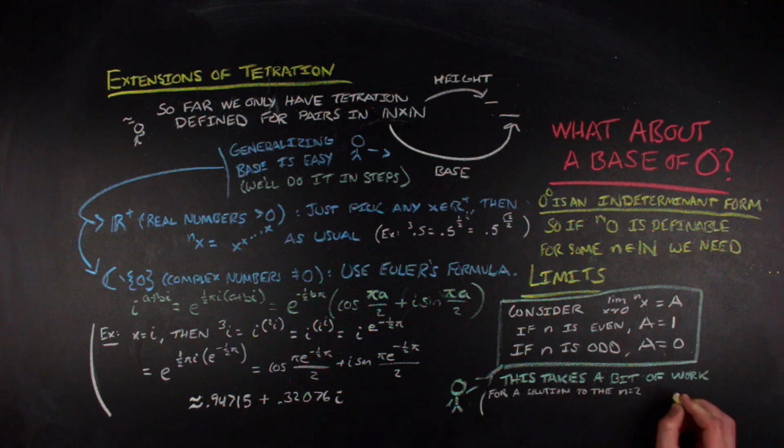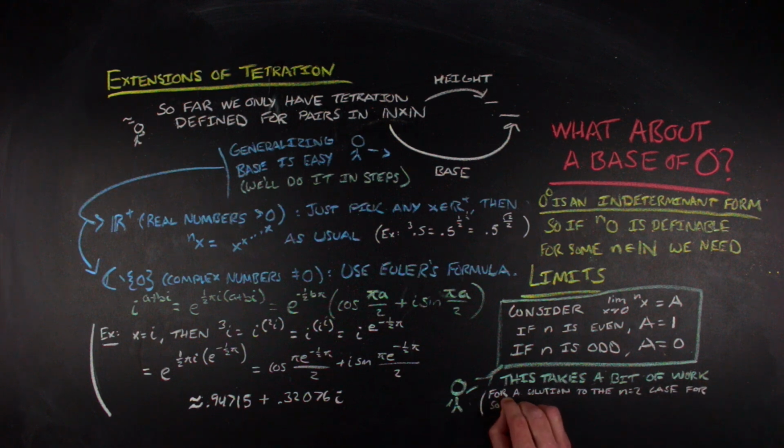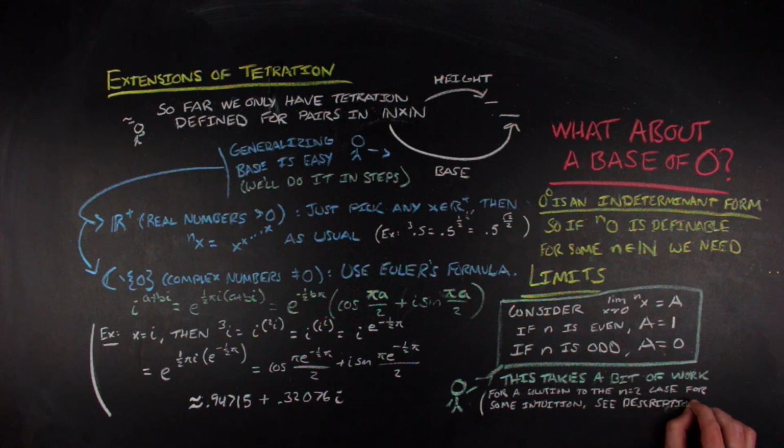I've left Black Pen Red Pen's video in the description below, so if you want to check that out, highly recommend it. It's a good exercise to remind you how to deal with limits like that, and it can help get you to the more general problem of looking at the limit for any given n when you're tetrating to that nth height.